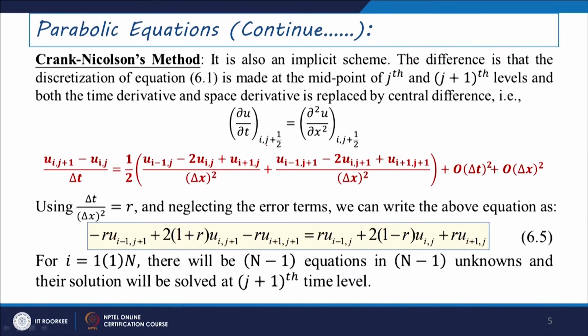In Crank-Nicolson's method, this is said to be an average scheme. Since in the earlier method, if you go for the explicit method, we are just considering these values at the ij level, and in the next one we are considering the implicit scheme, where the computation is going at the node point that is at the i, j plus 1th level, and if you take the average of these two grid point levels, that will generate Crank-Nicolson's method here.